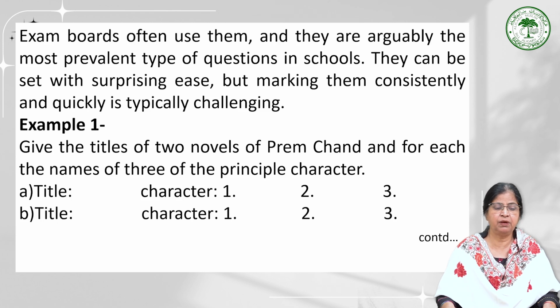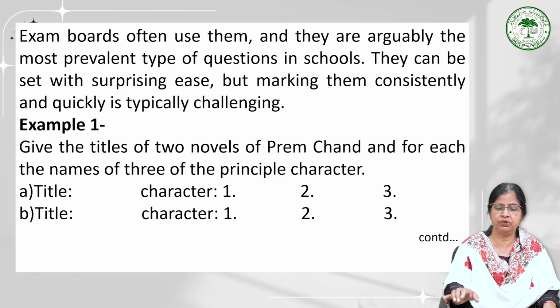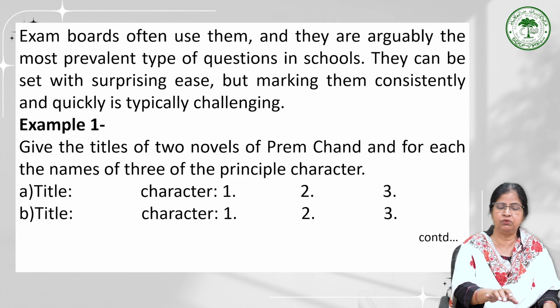Now see example 1. Give the titles of 2 novels of Premchand and for each the names of 3 of the principal characters. So, give the titles of these 2 and give the names of 3 of the principal characters here. The question is given in that form: character 1, 2, 3, character 1, 2, 3, and now the characters are likely to be written here.